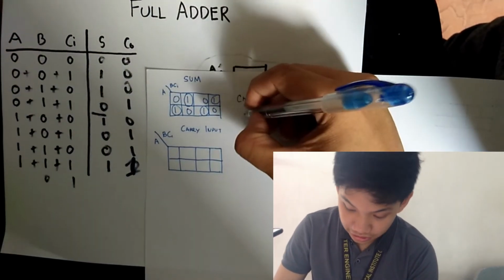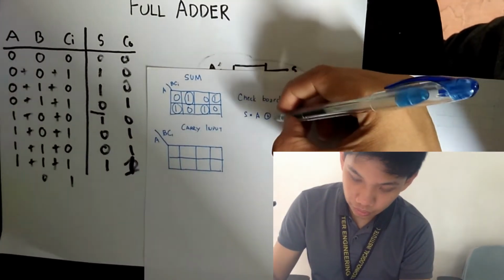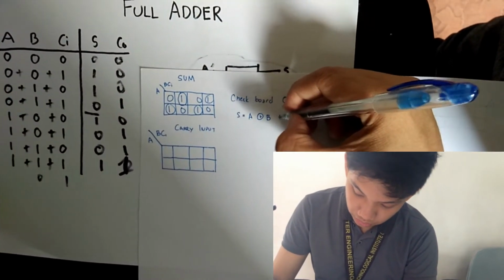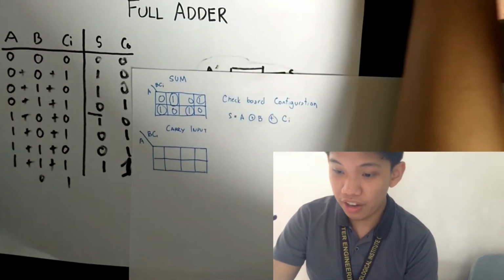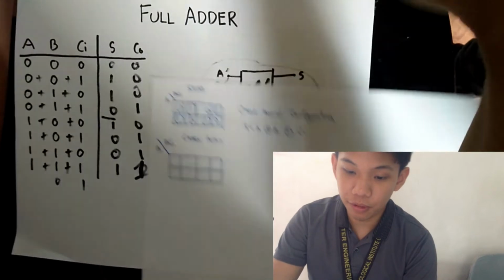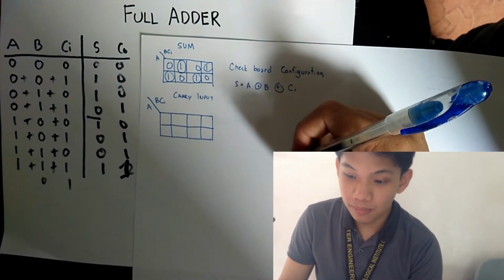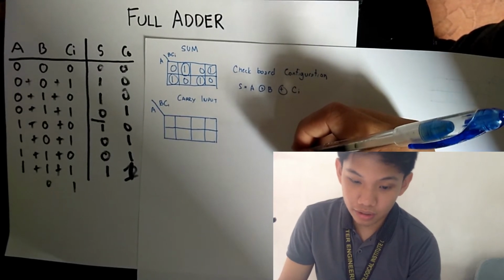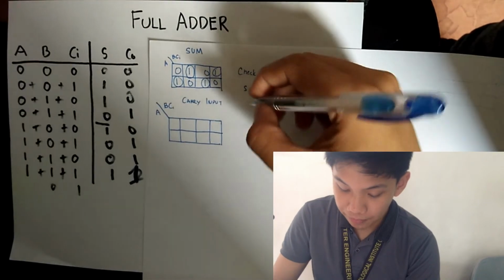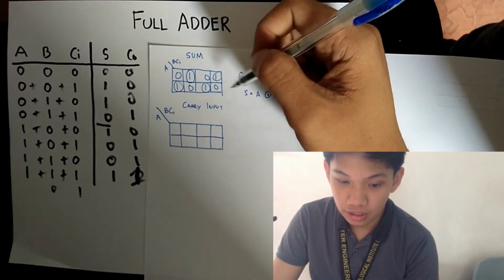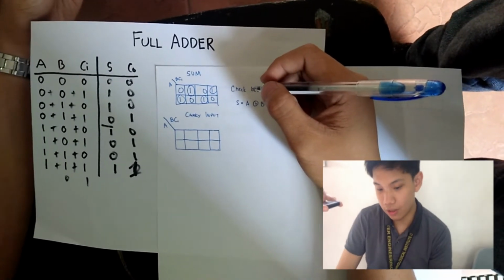So S is equal to A XOR B XOR C input. You have to remember one thing in the checkerboard configuration: the sum is equal to the XOR combination of all inputs, for example A, B, C, D. So S is equal to A XOR B XOR C XOR D.